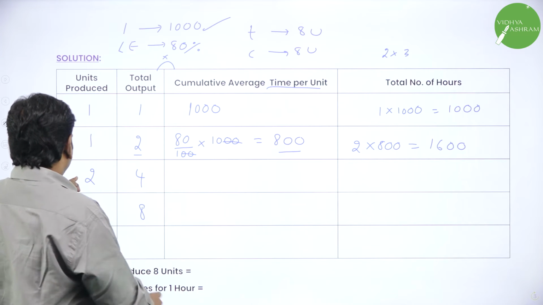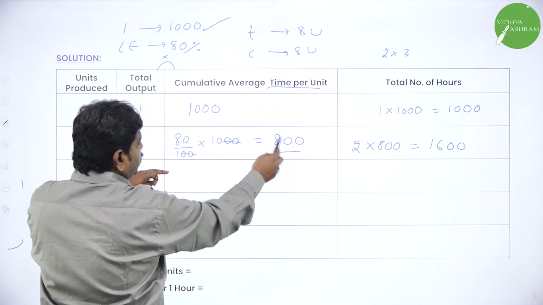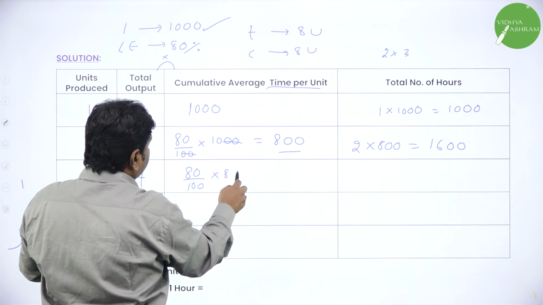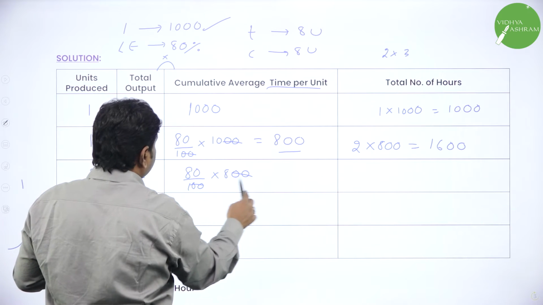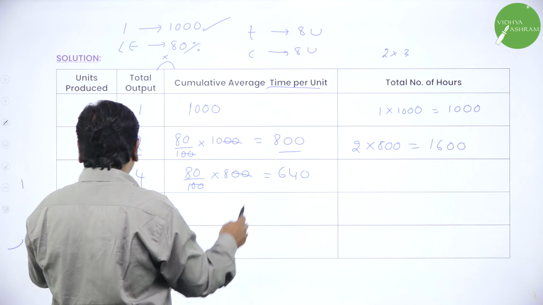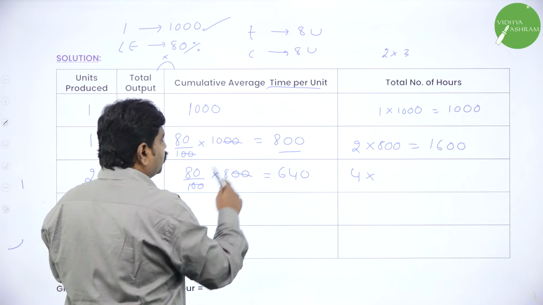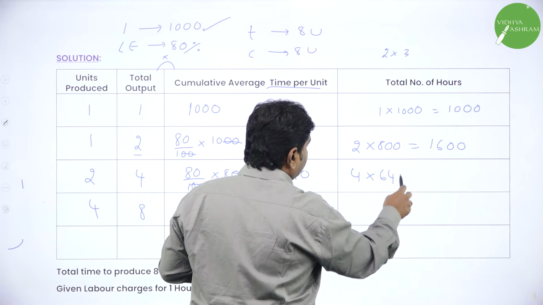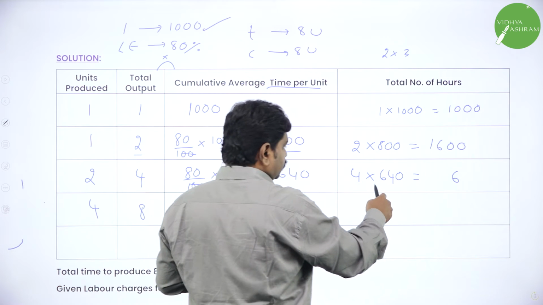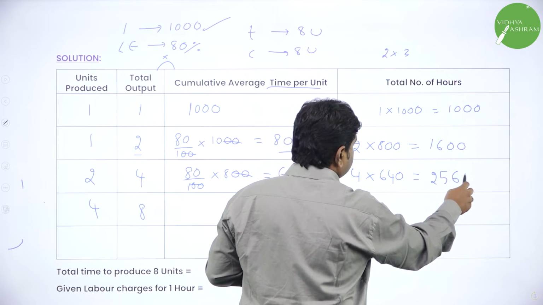Further, the next average time, the above time is 800, now 80% of 800 means cancel 2 zeros, 8 8s are 64, 640. So now 640 into 4, 4 4s are 16, 4 6s are 24, 24 plus 1 is 25, 2560.